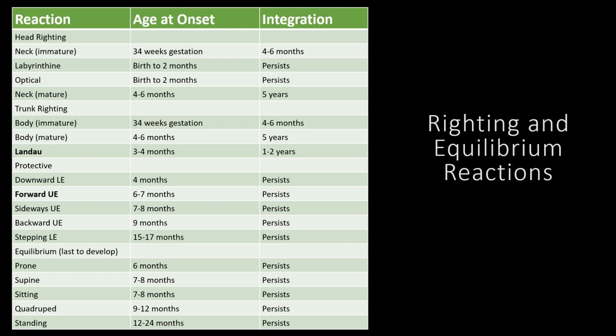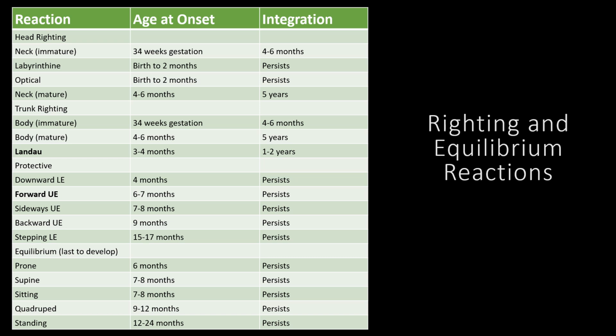Our righting and equilibrium reactions have an age of onset, much like the reflexes do, and they also have an age of integration. However, most of our reactions persist through life in order to contribute to our balance response. And so I'm not going to read through all of these because I think you guys are capable of doing that.